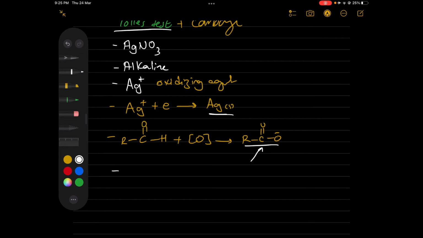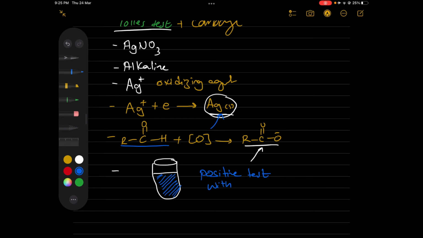You're doing all of this in a test tube. The reduction of silver ions leads to a deposition of silver atoms on the walls of the test tube. In this case, you can say your compound is an aldehyde, so it gives a positive test with aldehydes.